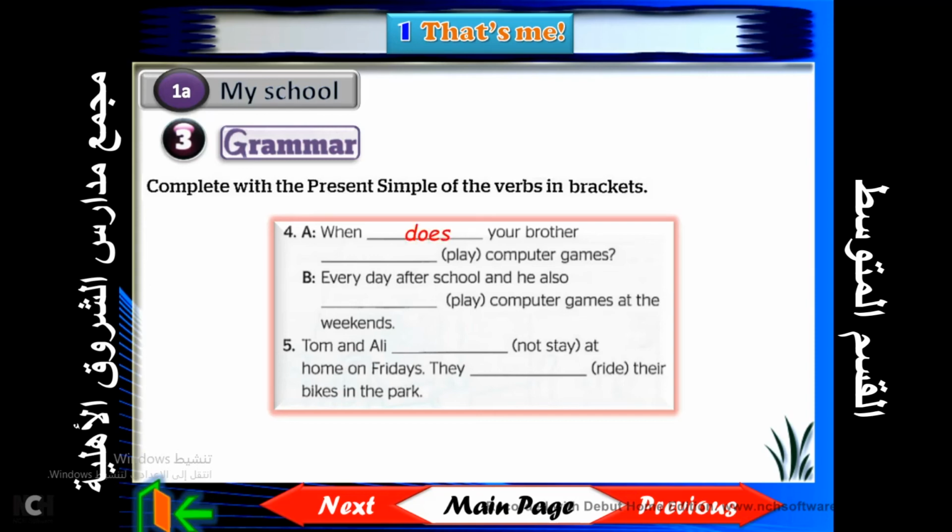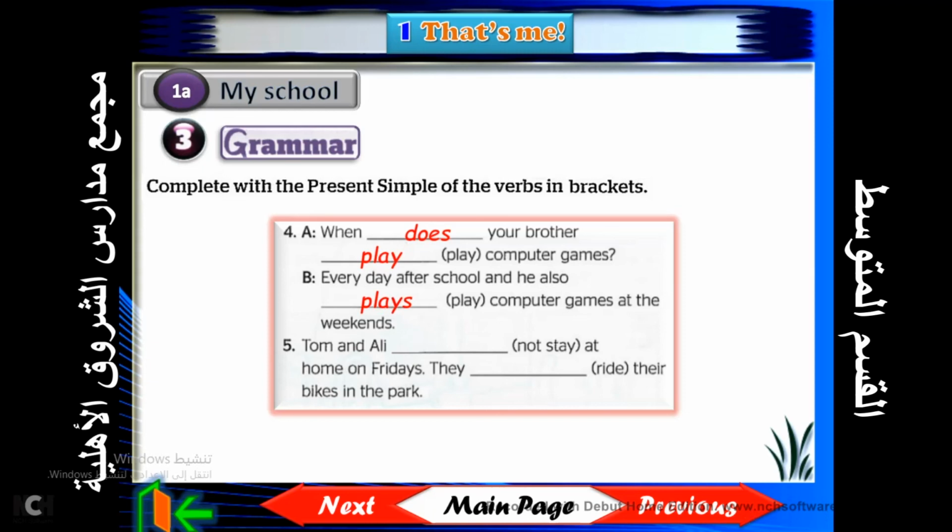When does your brother, because your brother is singular now. When does your brother play, because does and do are always followed by the infinitive. Number B, every day after school, and he also, yes, plays computer games at the weekends.